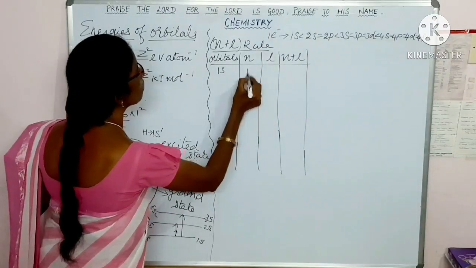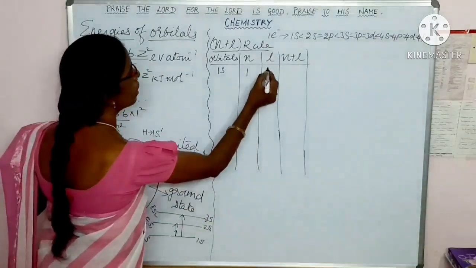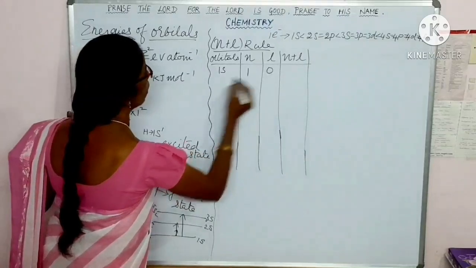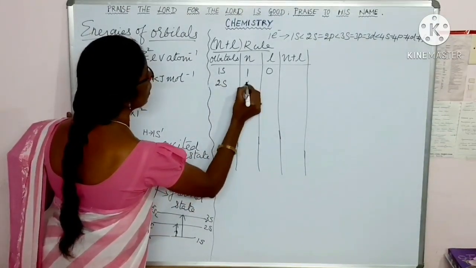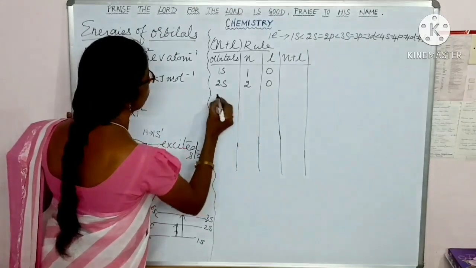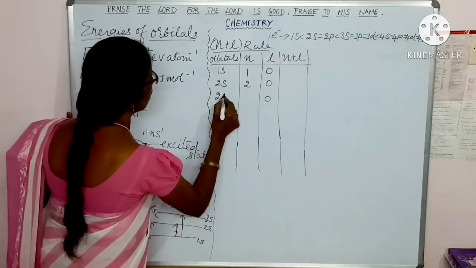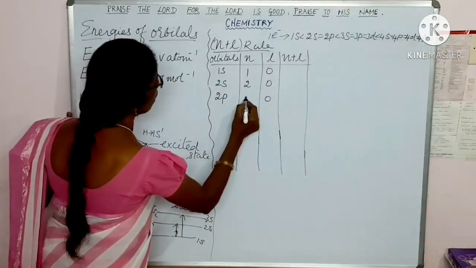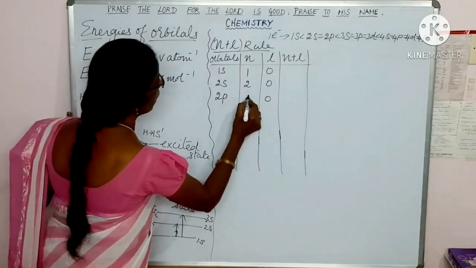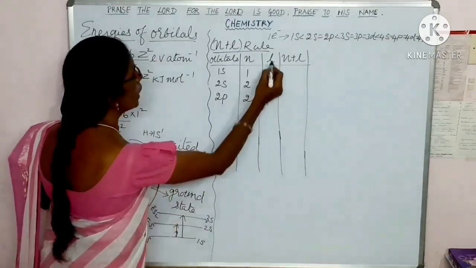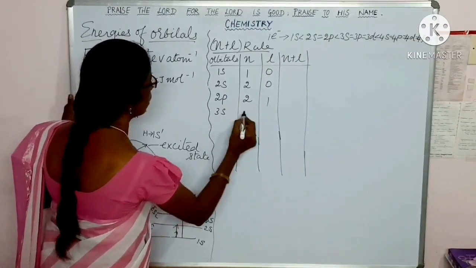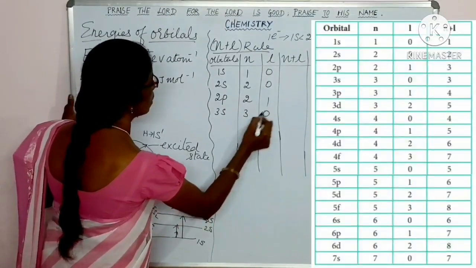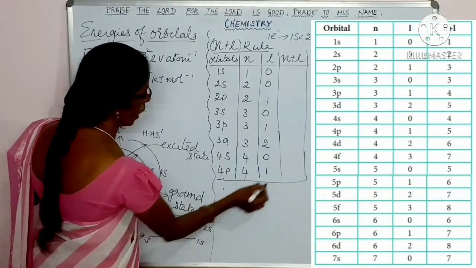The n value, the principal quantum number, is 1. Your L value is 0. Then second, 2s. Here n is 2, L is 0. After 2s comes 2p. So when it is p, n is also 2, and L is equal to 1. Next comes 3s: 3, 0. It will go on like that.